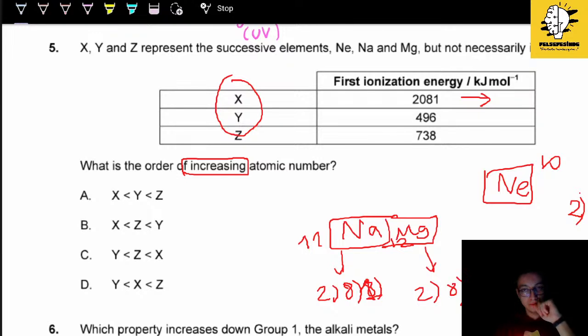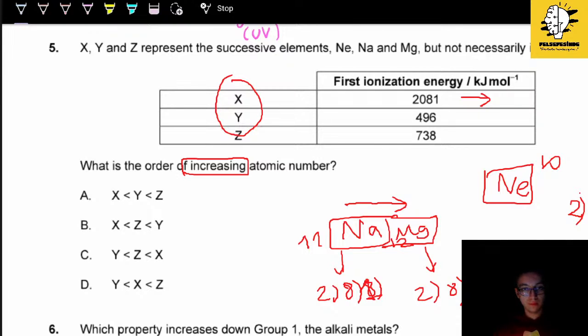Yeah. So as we go across the periodic table, we know that the radius decreases. And if radius decreases, then the ionization energy required to remove the electron from the last shell will require higher energy. So we know that magnesium, we don't know which place, but magnesium is the higher one than sodium.